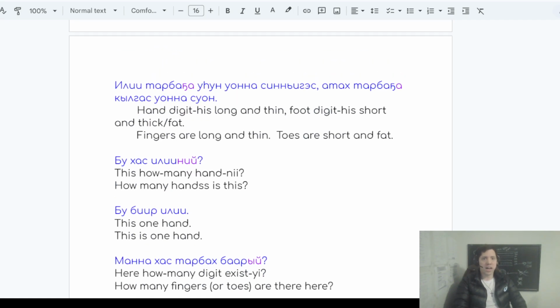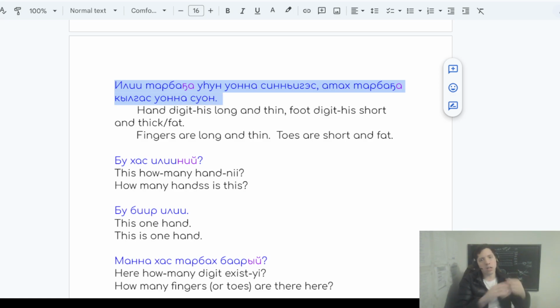Ili tarbaga uhul wana siniges atak tarbaga kolgas wanda swon. Fingers are long and thin, toes are short and fat. Speak for yourself, buddy. I have like monkey feet. My toes look like fingers. I can write with my feet like a chimpanzee.